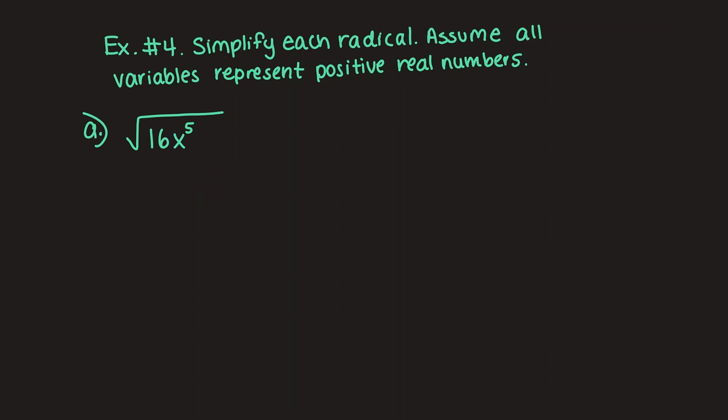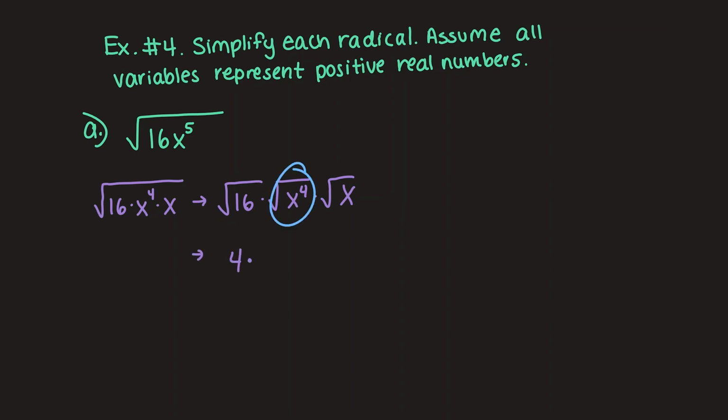So this becomes the square root of 16 times x to the 4th times x, and then use our product rule and simplify. The square root of 16 is 4, the square root of x to the 4th is x squared, and the square root of x is already simplified, so we just rewrite it, and this radical simplifies to 4x squared times the square root of x.